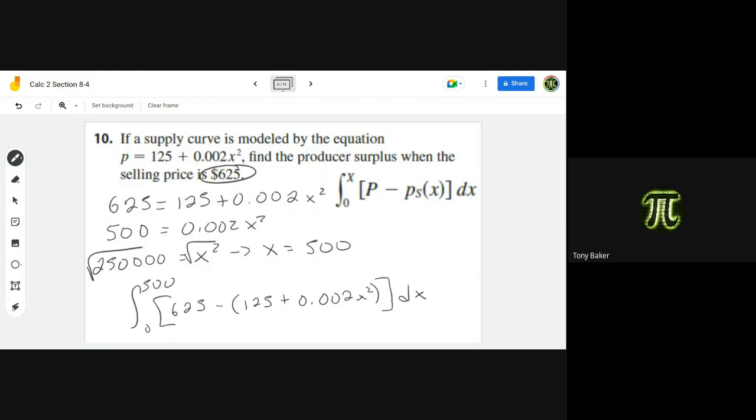It's pretty straightforward. This formula never changes. This is literally the producer surplus formula. The supply curves and demand curves can get more complicated depending on how market forces work. They're not always just exponential curves or parabolic curves. So that can change.